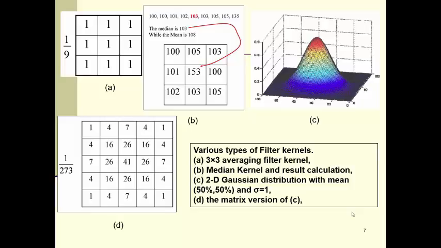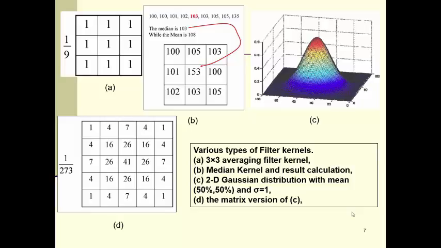Figure B here shows the concept of the median filtering. The median filtering doesn't have a kernel, but it has a certain algorithm that needs to be applied on the pixel and its neighborhood. I will take the pixel with its neighborhood having the size of 3 by 3. I will sort the values of these pixels, and I will take the middle value, which is called the median value, and it will replace this pixel.